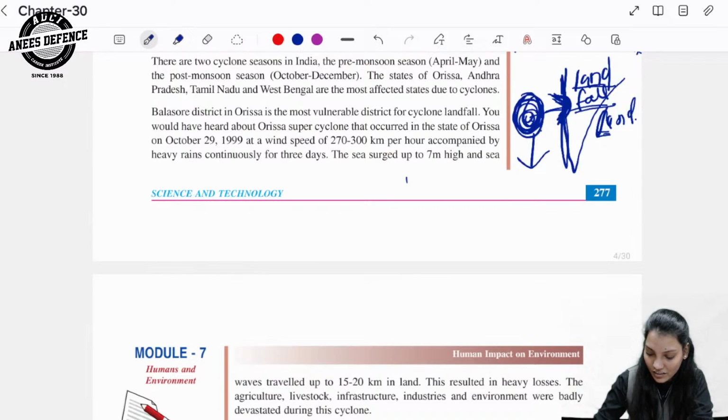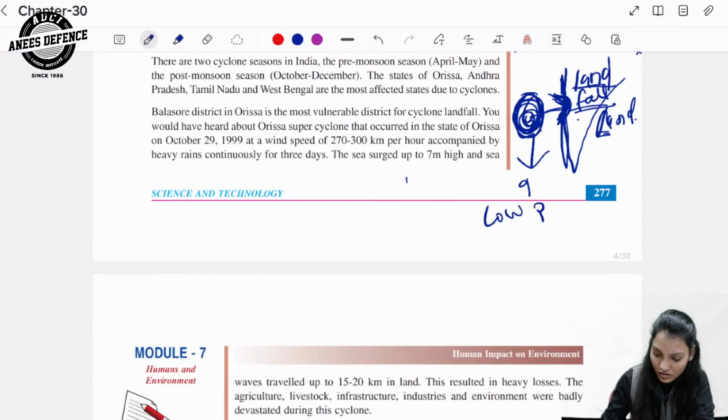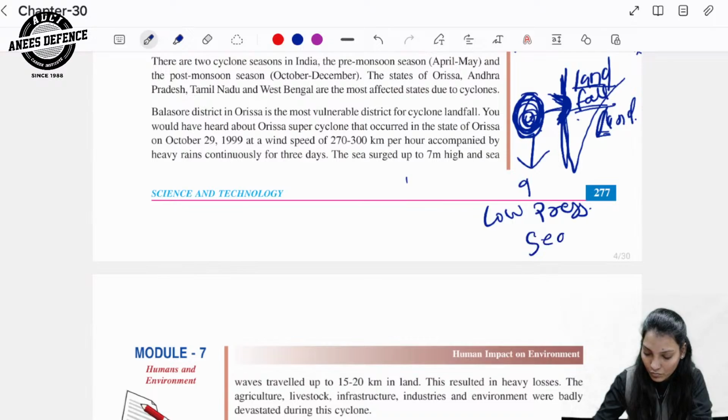When it comes to the land, it will get destroyed. For a cyclonic condition, what is the mandatory condition? There should be low pressure over the sea. So when it comes to land, it will get destroyed. Cyclone occurs only in the sea. So this is called landfall.